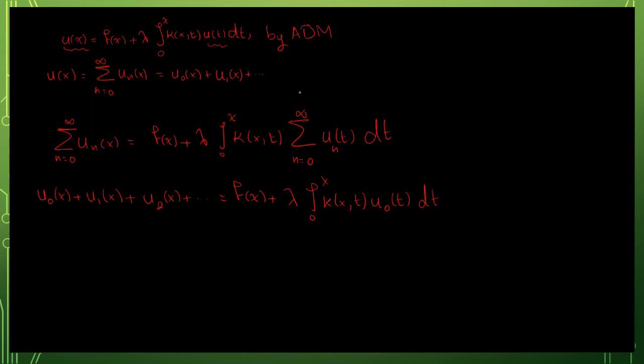Now we have this summation, u naught plus u1 plus u2 and so on, and we know that the integration can be distributed over terms that are added together. To make it more simple, the integration of a plus b plus c is equal to the integration of a plus the integration of b plus the integration of c. This is in a simple form.